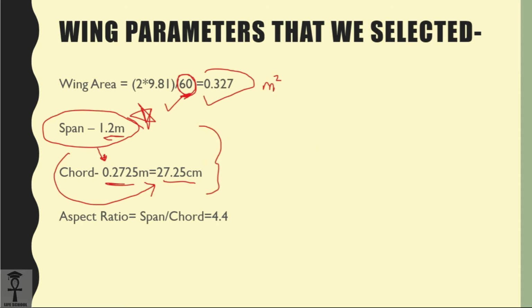This is calculated by assuming a rectangular wing. Due to the assumption of a rectangular wing, I got my aspect ratio to be 4.4, as you can see over here. So as we have all our wing dimensions as well as the aerofoil, we can proceed to wing analysis. So let's get going to XFLR5.